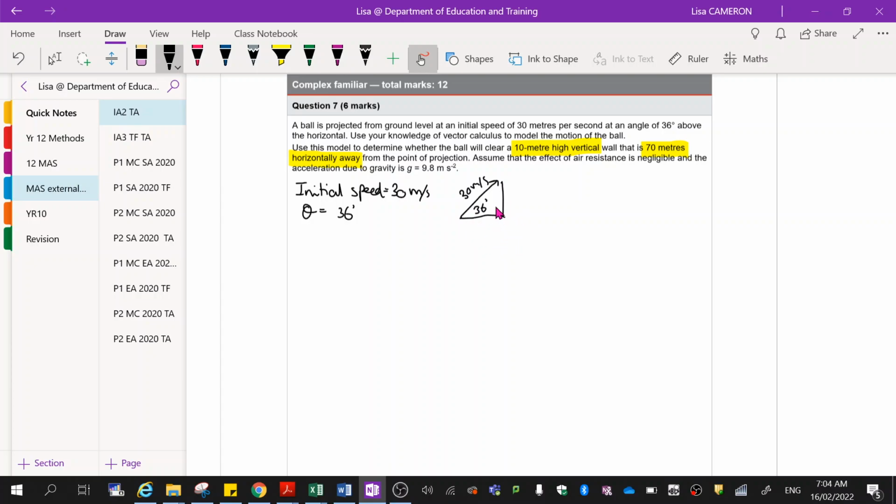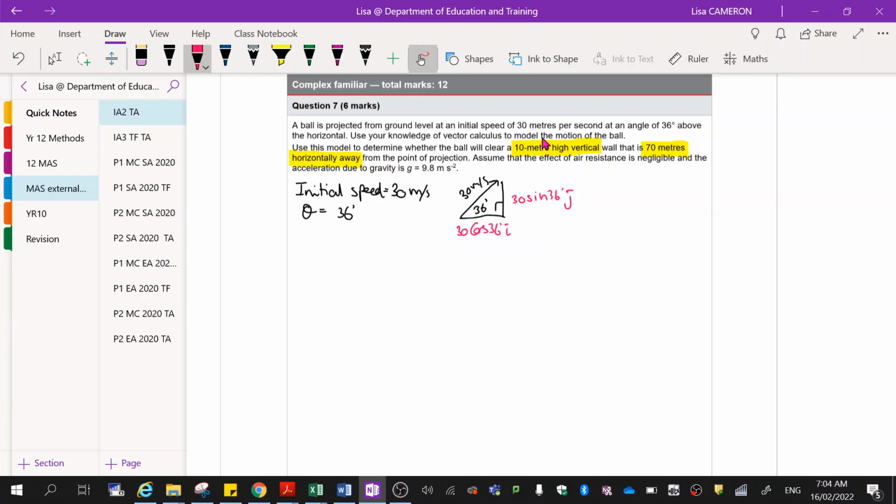Thinking of this as a right angle triangle, this component down here is going to be 30 cos 36 degrees in the I direction, and this one over this side is going to be 30 sine 36 degrees in the J direction.